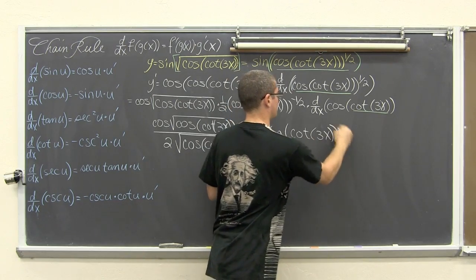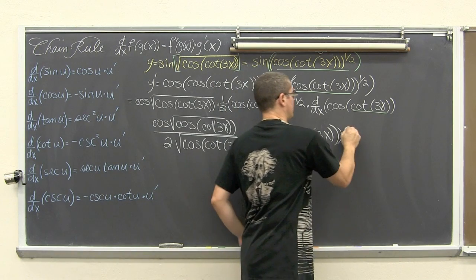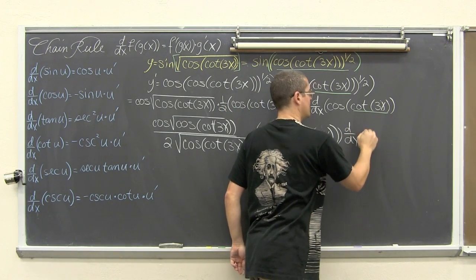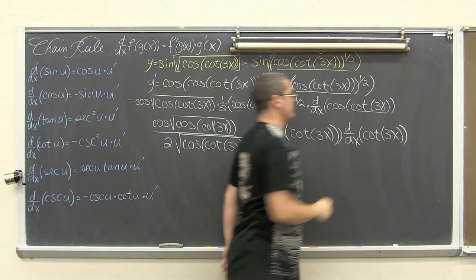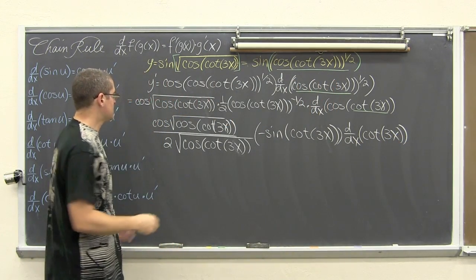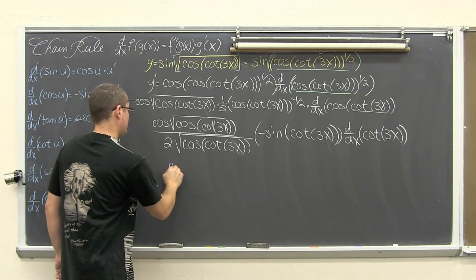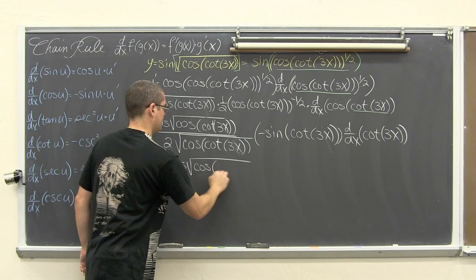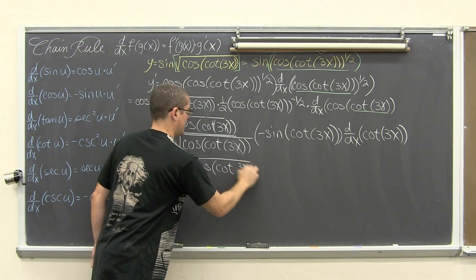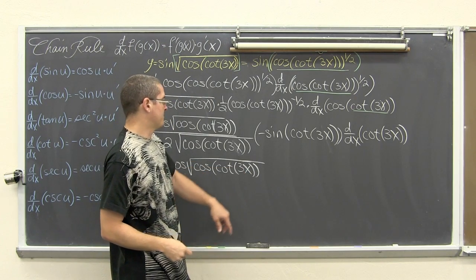Now, again, inside function, so the derivative with respect to x of the cotangent of 3x. So now we have the cosine, square root, cosine, cotangent, 3x. I don't really need those extra set of parentheses there.